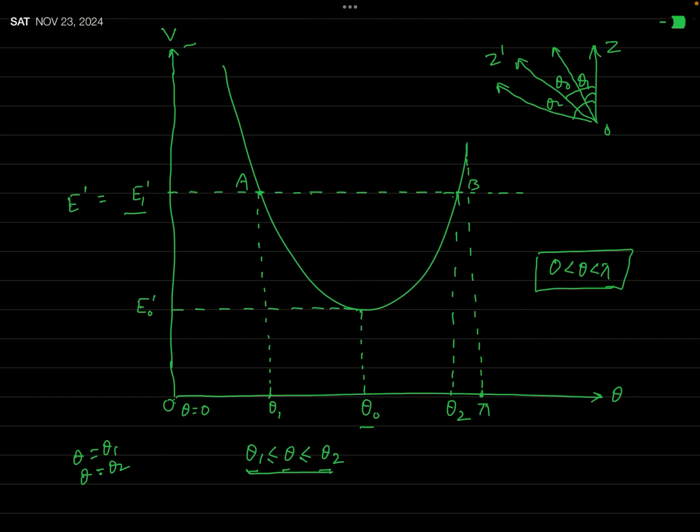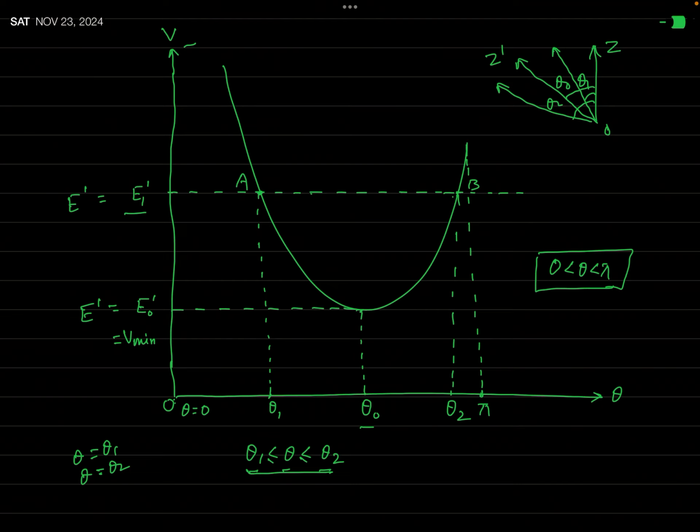Now in the special case, you can see if the energy E dashed is equal to E naught dashed, which corresponds to the minimum value of the potential, in this condition the potential is minimum and the value of theta is equal to theta naught. This value of theta equal to theta naught is constant.